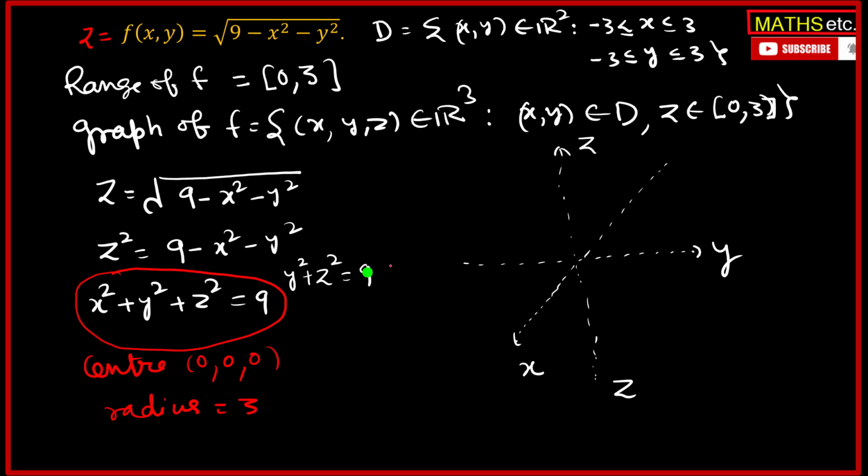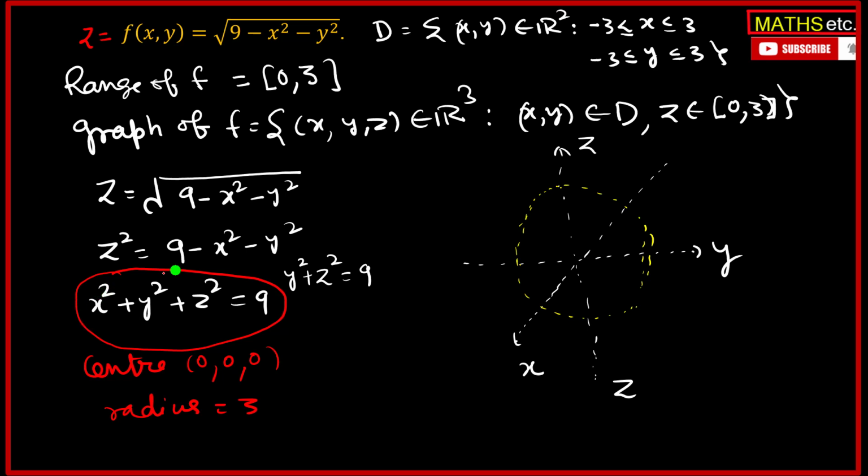So let us take a yellow color. So this will be a perfect looking circle, please forgive me for my sketches. So this one is a circle cut from the sphere by the YZ plane, that is x equals 0.